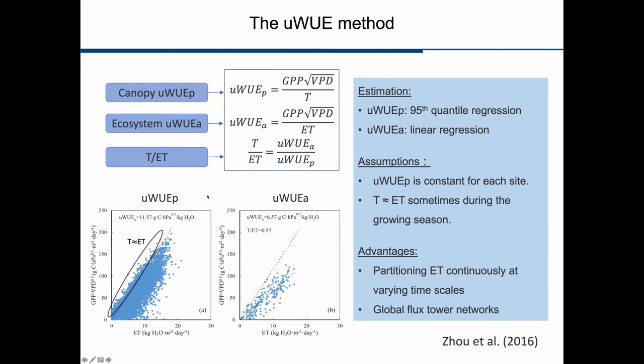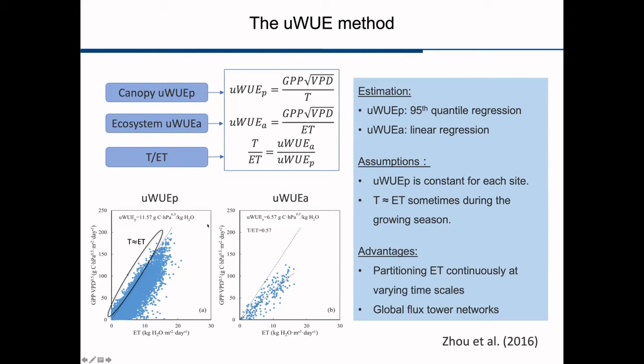When soil evaporation is negligible, T equals ET and the observed uWUE equals uWUEp. Alternatively, we assume T equals ET sometimes during the growing season. The uWUEp is approximately estimated as the maximum uWUE, or the upper limit of the regression slope between GPP times square root of VPD and ET, which can be obtained using the 95th quantile regression.